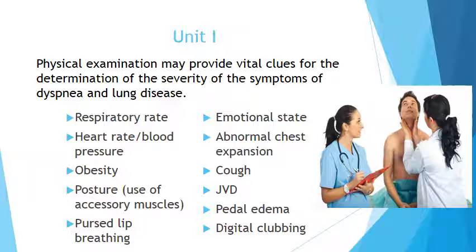So we're going to check out and observe the patient's respiratory rate, heart rate, blood pressure, obesity, whether or not they're within what we would call ideal body weight, posture, use of accessory muscles, pursed lip breathing, their emotional state, whether or not they're having anxiety or are anxiety prone, abnormal chest expansion, like scoliosis, cough, JVD, which deals with jugular vein distension, pedal edema, which will let you know whether or not the patient is retaining fluids, and digital clubbing.